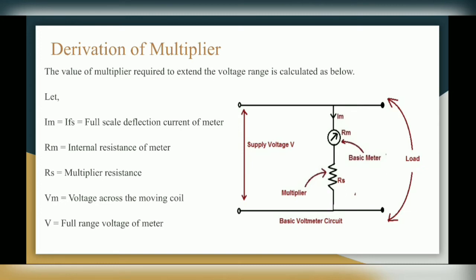In this you can see there is a basic meter whose resistance is given by Rm and current flowing through this meter is given by Im, which is connected in series with the resistor called multiplier resistance, denoted by Rs, and this whole circuit is supplied by the supply voltage V. Let Im equal to Ifs, the full scale deflection current of meter, Rm the internal resistance of meter, Rs the multiplier resistance, Vm the voltage across the moving coil, and V the full range voltage of meter.